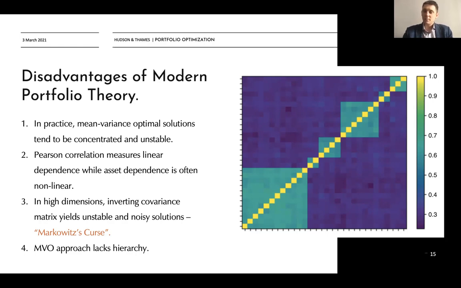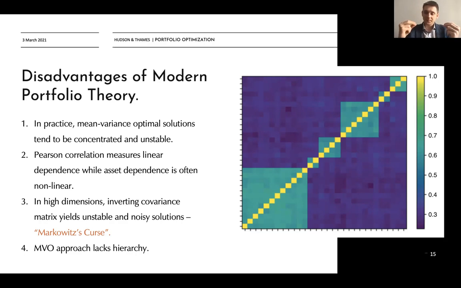The third and one of the biggest disadvantages of MPT is that in high dimensions, inverting the covariance matrix yields unstable and noisy solutions. It is also called the Markowitz curse. So what does it mean? Imagine you have a universe of 500 assets in your portfolio, and for example, you use only 100 points to estimate the covariances.